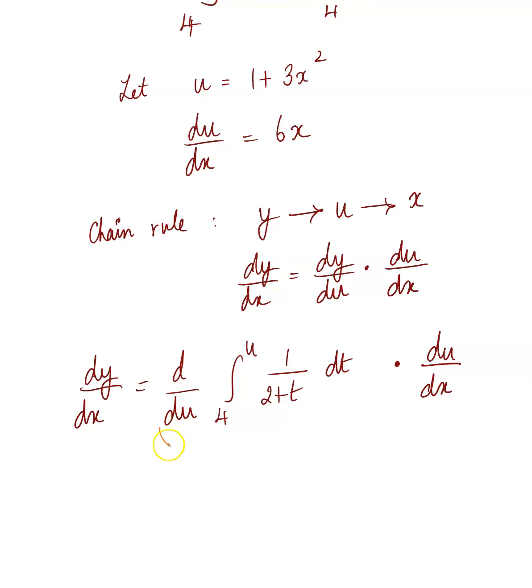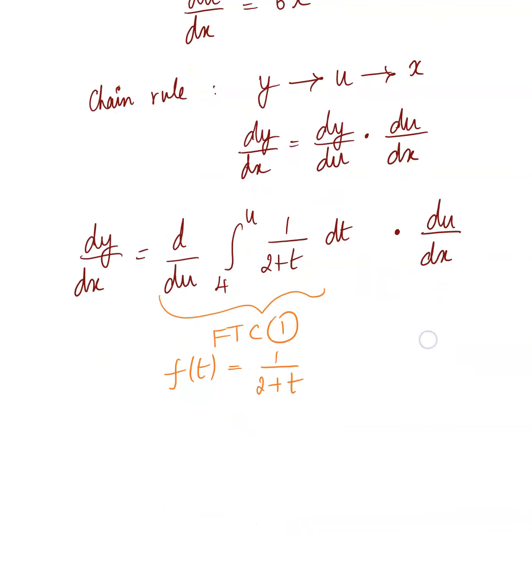And this whole thing is Fundamental Theorem of Calculus part 1, and f of t is 1 over 2 plus t from there. Therefore, the Fundamental Theorem of Calculus tells us that this will return f of u, and then you have the du over dx.